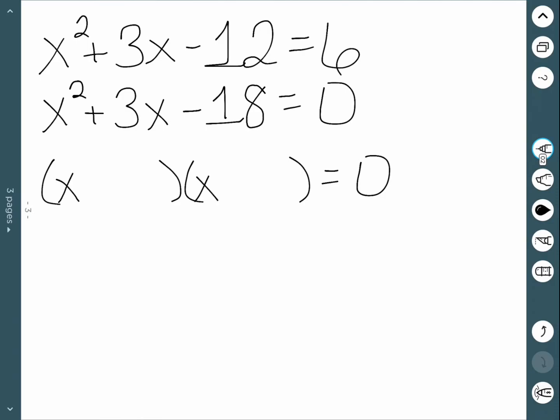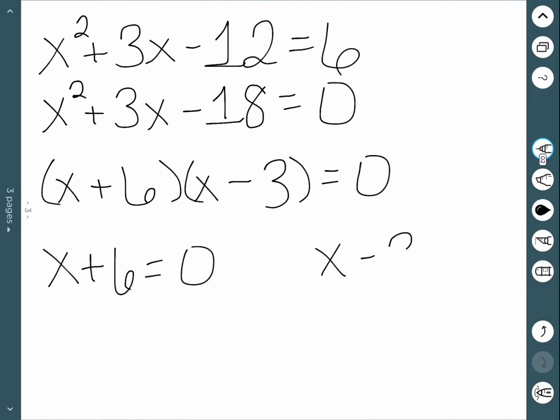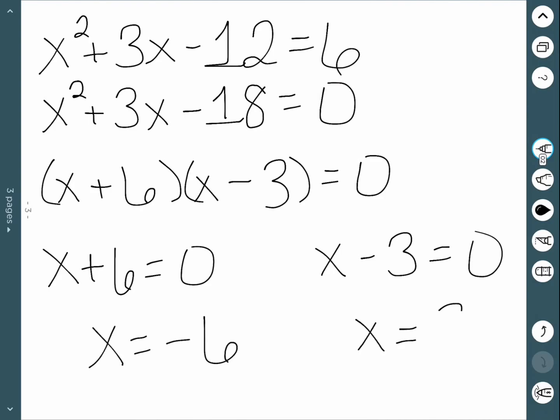If we do a positive 6 and a negative 3, we know that 6 times negative 3 is negative 18, and 6 minus 3 is positive 3. So we have x plus 6 is 0, and x minus 3 is equal to 0. This gives us negative 6 and positive 3 as our two answers.